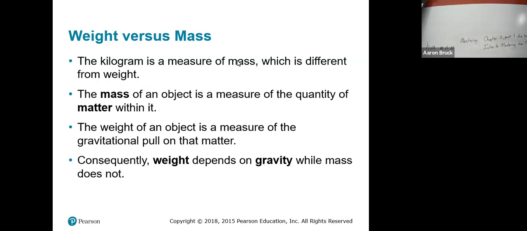We're going to call it mass. We're going to give it in mass quantities, but it's really weight. So there is a fundamental difference between the two.